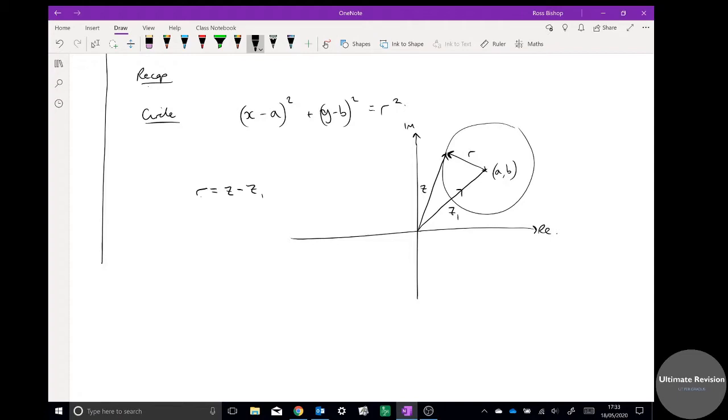And for an equation of a circle, it's the magnitude of that vector z minus z1. So the radius is quite simply the magnitude of that vector.